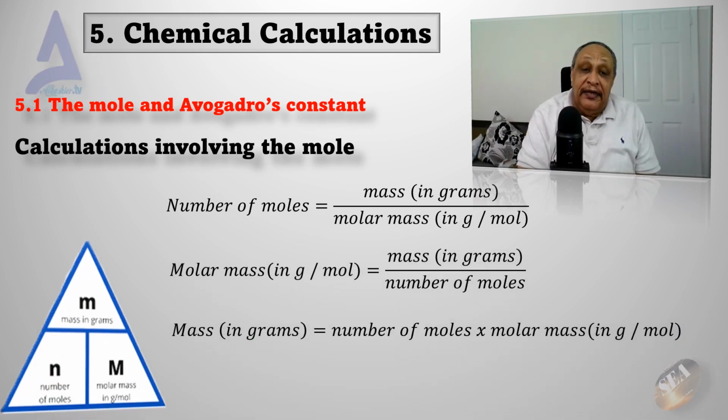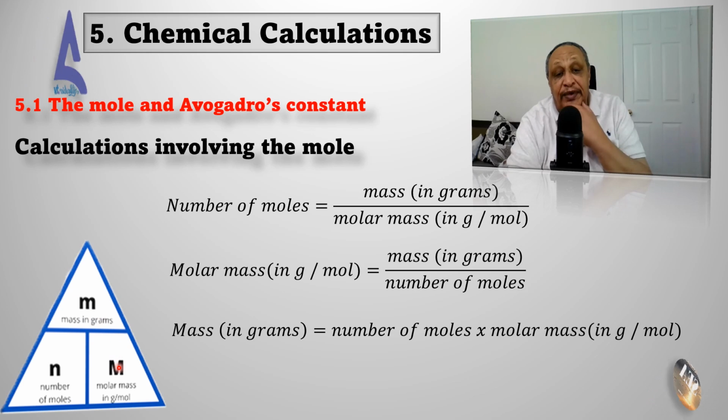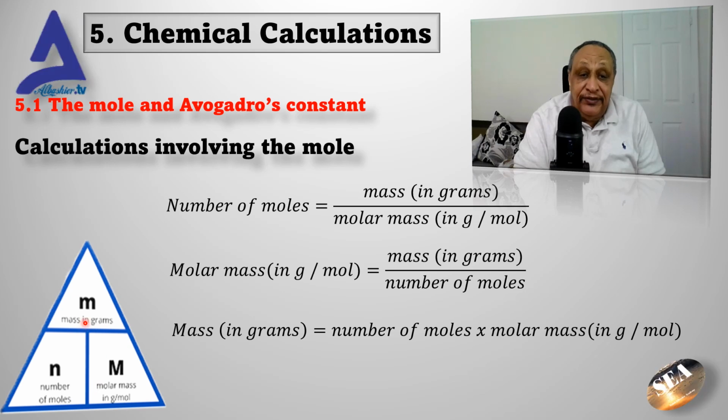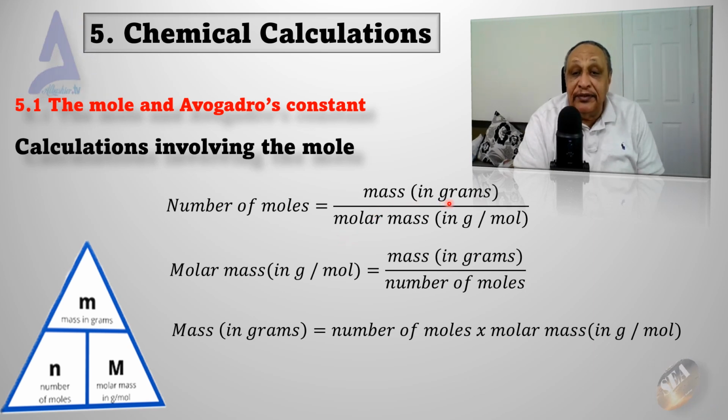We have this triangle. It is the triangle of the moles equation, which is represented by 3 numbers: the mass in grams, the molar mass, and the number of moles. So the number of moles, or the amount of moles, equals the mass in grams over the molar mass in gram per mole.